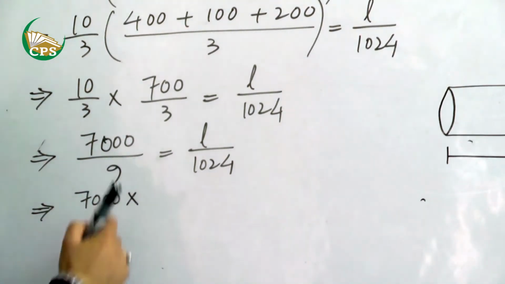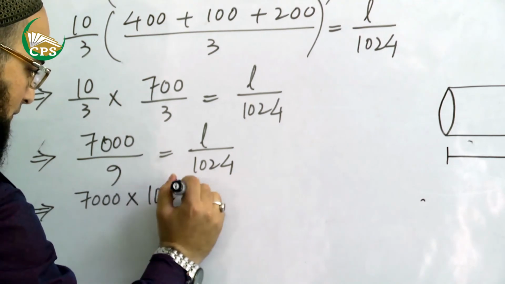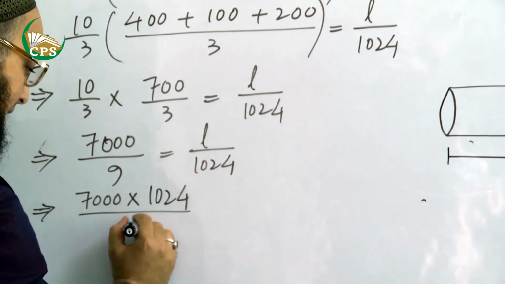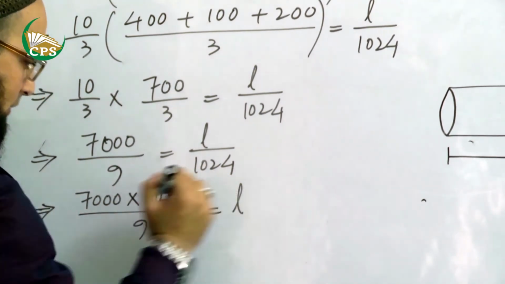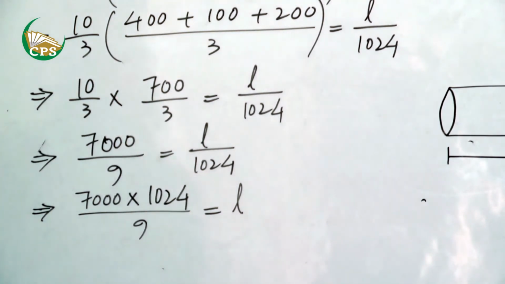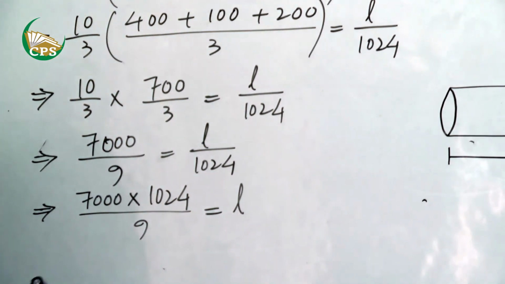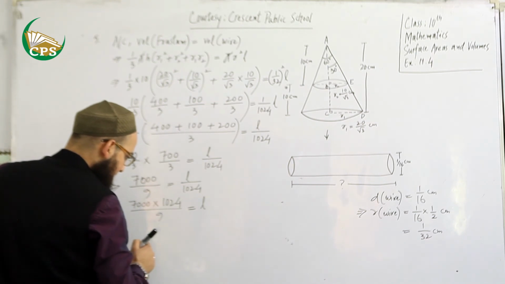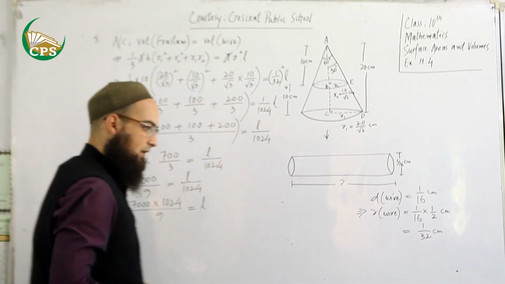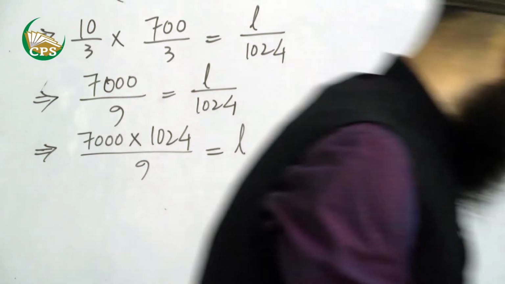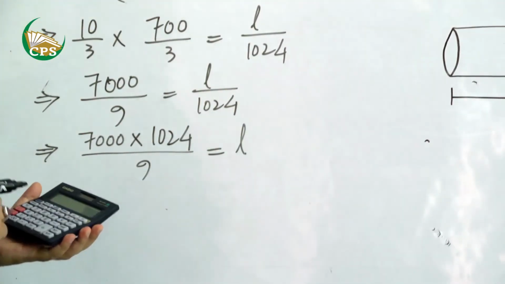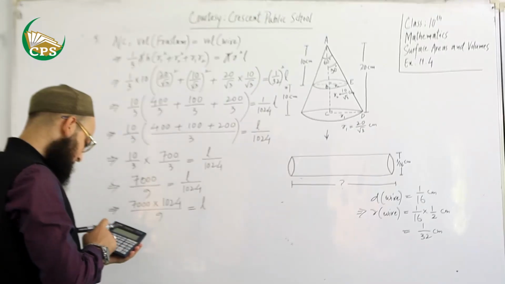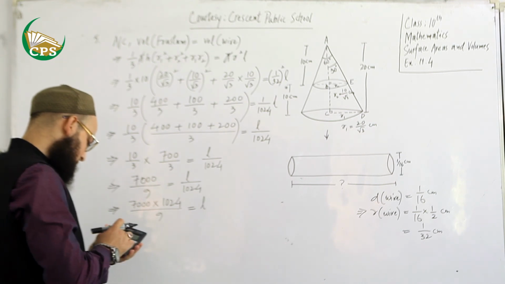The next step I can go, 7000 times 1024 divided by 9 is equal to L. You got it? Now let me solve this on the calculator. 7000 times 1024 divided by 9.